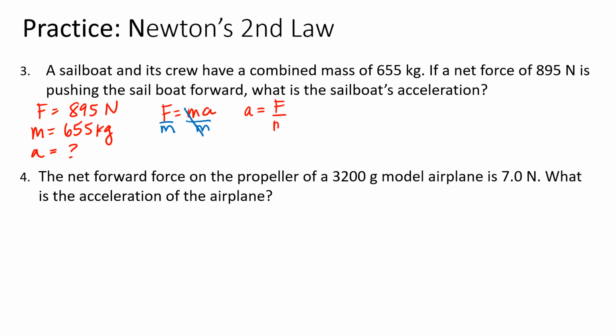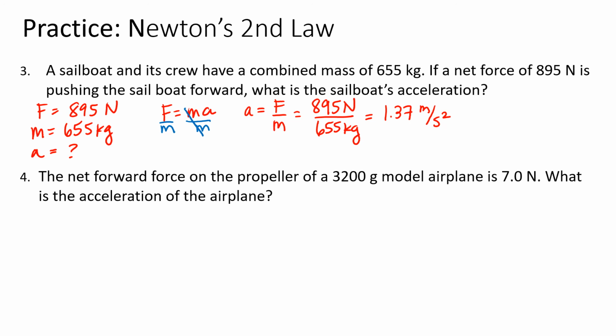So acceleration equals force divided by mass. Here we have a force of 895 newtons, and we have a mass of 655 kilograms. And so 895 divided by 655, that gives us 1.37 meters per second squared. So that's going to be the acceleration of our sailboat.